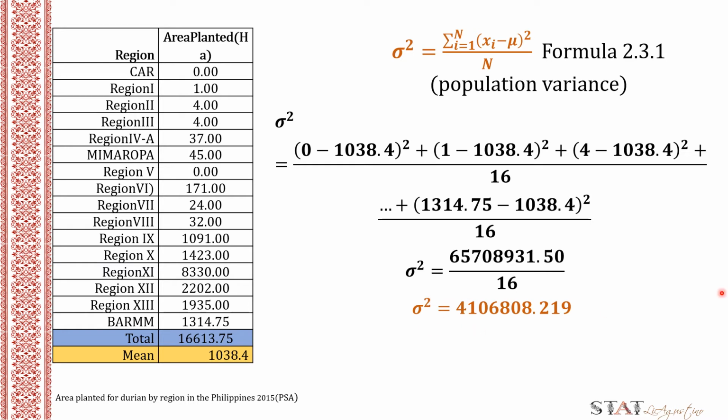The value is 4,108,06808.219. That is our variance. And for the standard deviation, you just take the square root, which we will be learning in the slides after this. So I think that's how you compute your variance. It's just so easy, right?